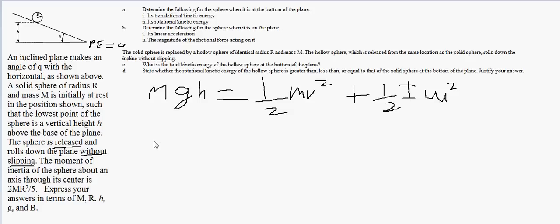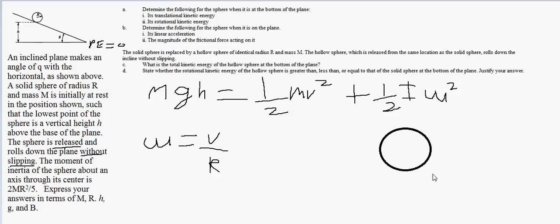So we know I is 2mr squared over 5. And for the angular velocity, we can write that as v over r. This can be any radius, and this velocity is the velocity equivalent to a point moving this radius away from the center of mass.